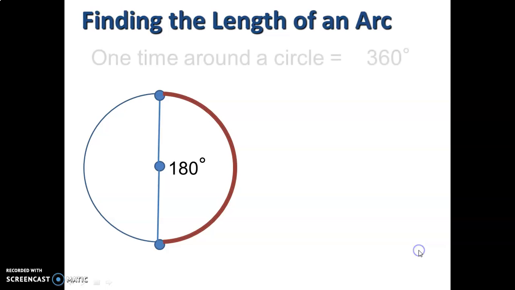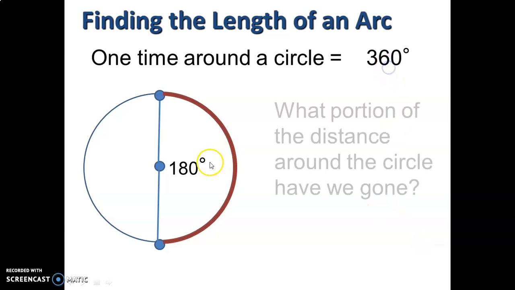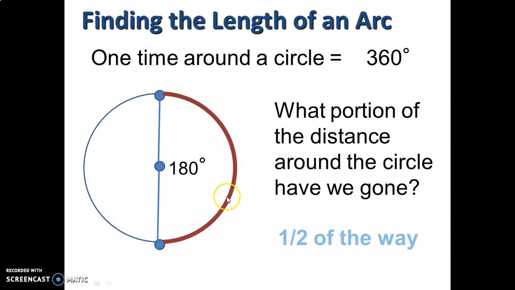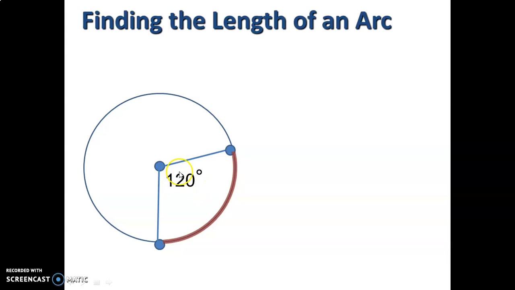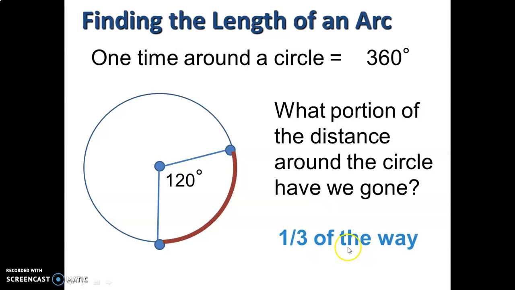Okay, let's say we had 180, and one time around the circle is 360, so we know here we have 1/2 of the way around the circle. Okay, how about here? If we have 120 here, what portion of the circle have we done? Well, that's about 1/3 of the way around the circle, and to get that 1/3, we can just do 120 over 360.